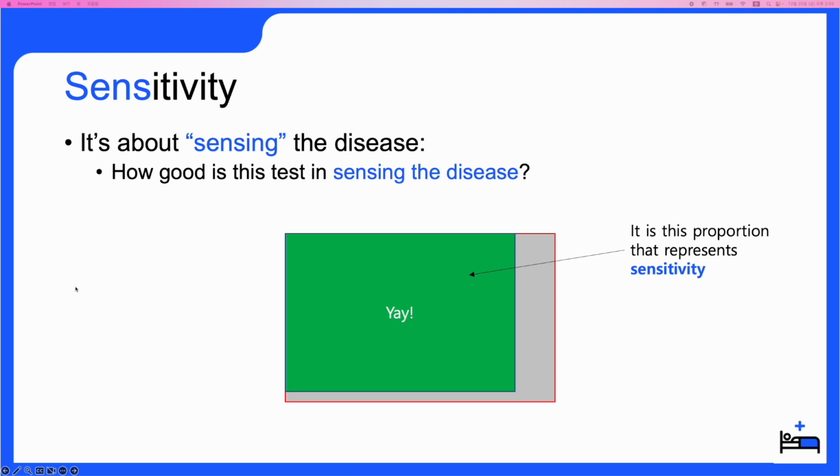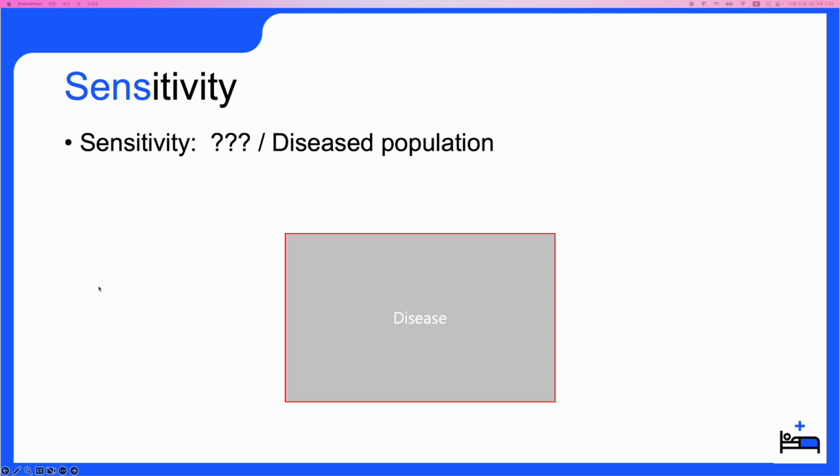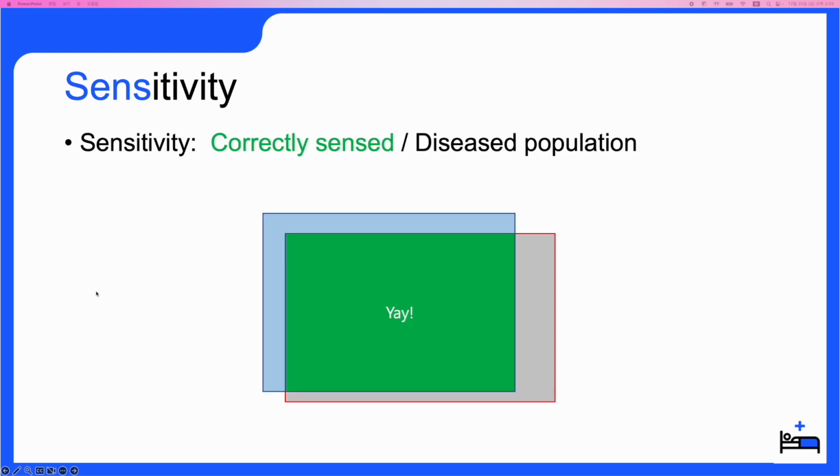And hopefully, this makes perfect sense because this is just the proportion of correctly sensed people, hence the sensitivity we were talking about. So my way of remembering the sensitivity formula, instead of utilizing all the true positive, false negative terminology, would be this: correctly sensed people out of the diseased population.